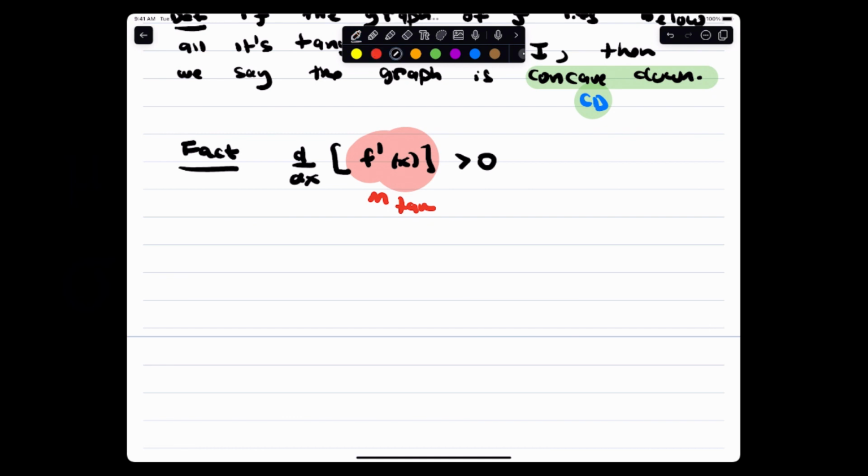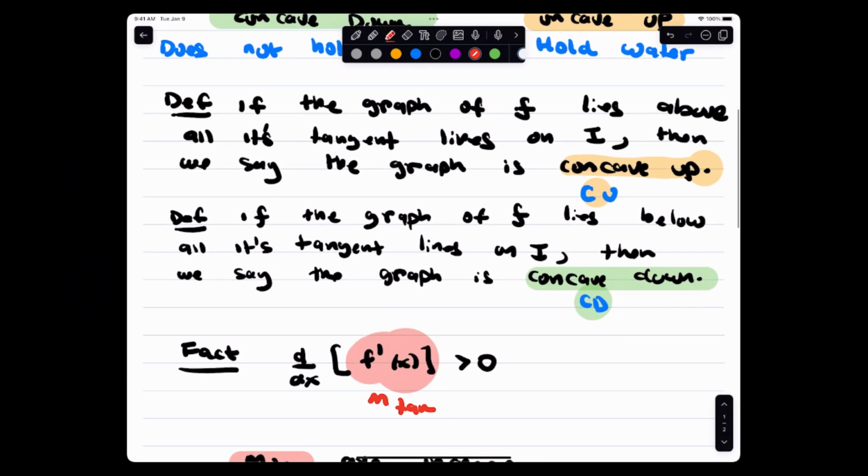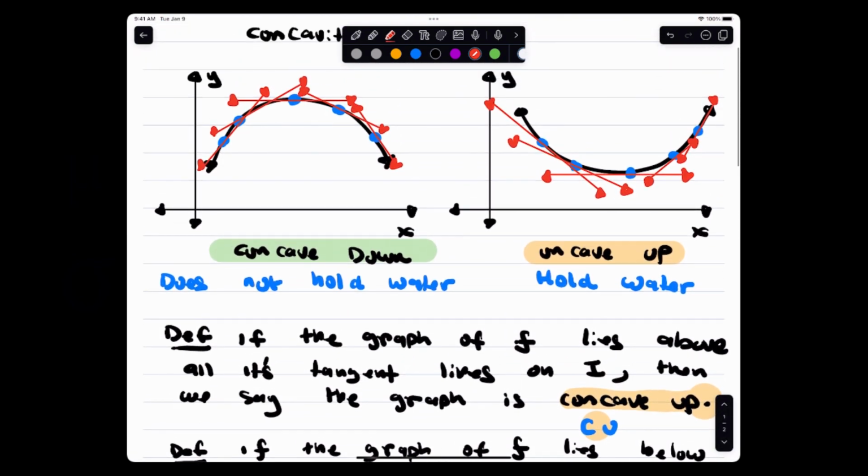By that first derivative being positive, then what they're saying is those slopes are increasing. Those m tangents are what? Increasing. All right, so where are the m tangents increasing?